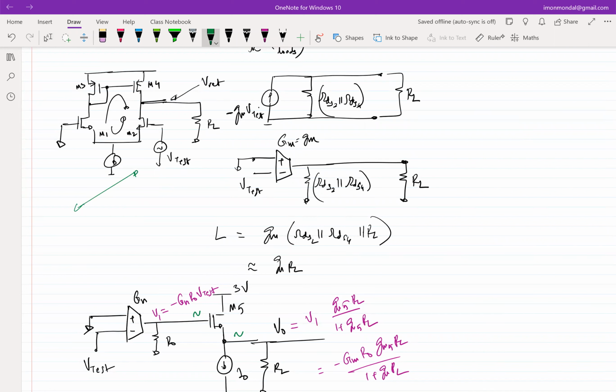So what is the maximum voltage to which V1 can go? So let's say this is 3 volt, right? V1 is this node. What is the maximum that V1 can go?